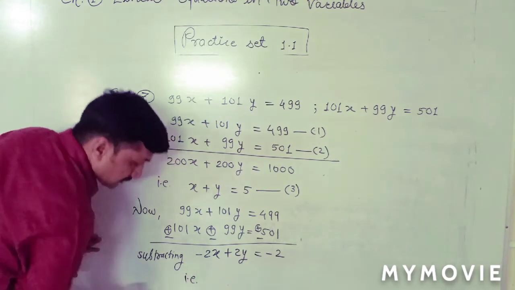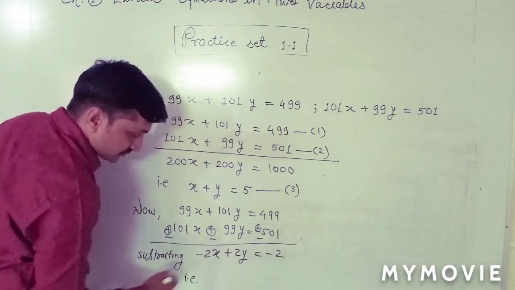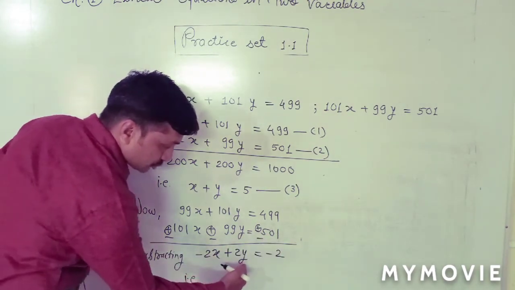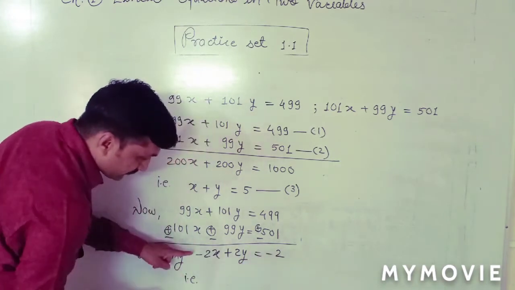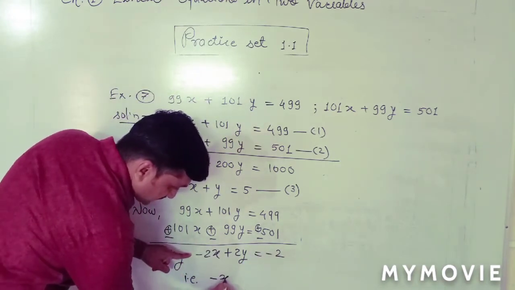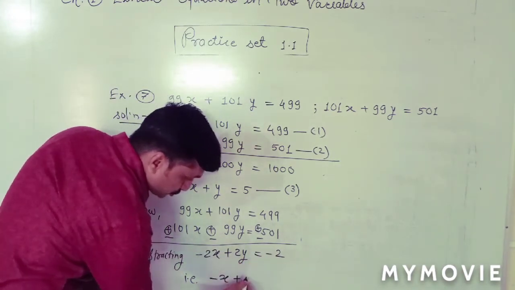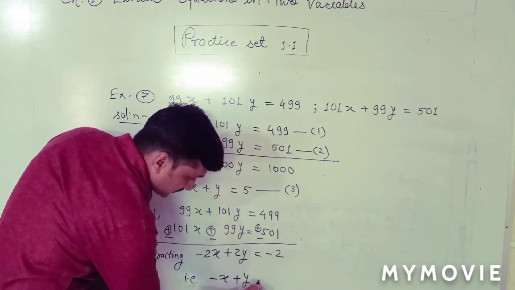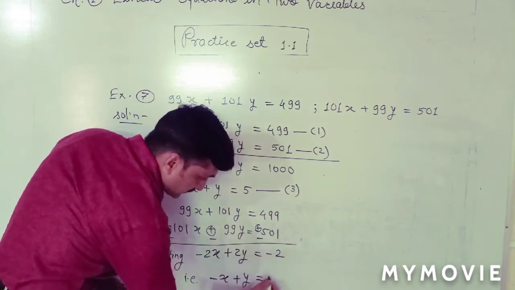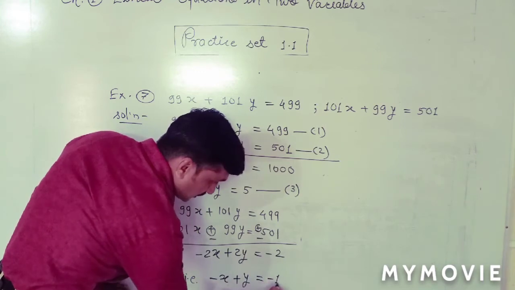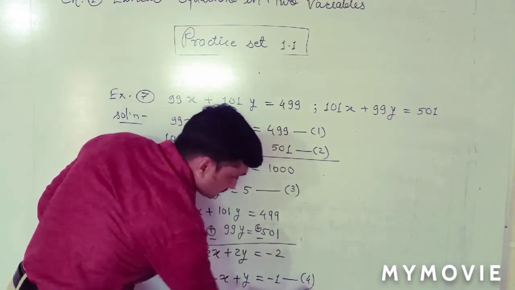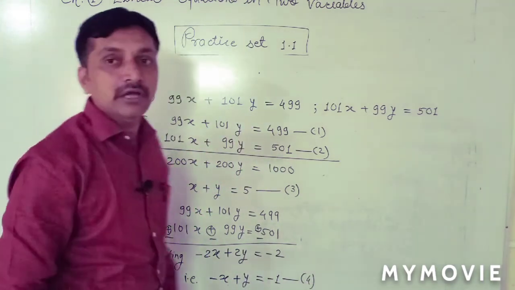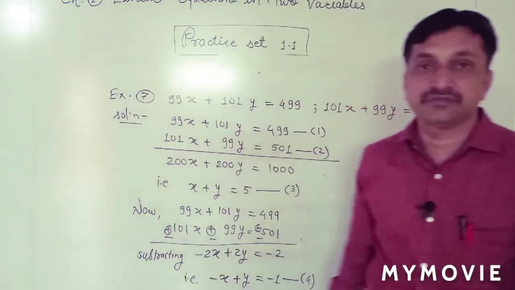Now divide by 2 all three terms. If we divide by 2, we get minus x, only y, and minus 1 on the right side. Give here number 4. Equations number 3 and 4, these are simple equations.